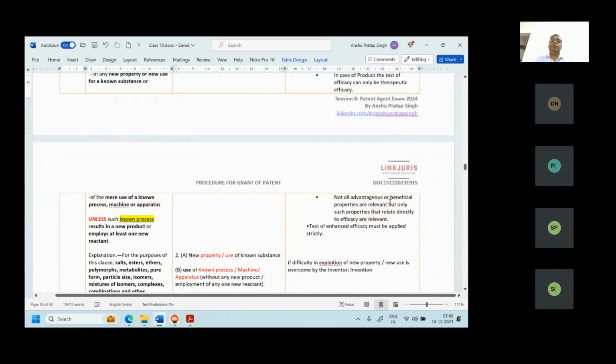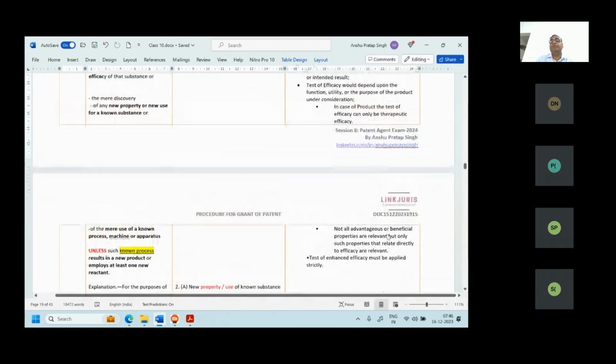Not all advantageous or beneficial properties are relevant, but only such properties that relate directly to the efficacy are relevant. So it is strict, they have gone for that. We will not see that this is not beneficial or that there are other advantageous properties. The only thing you have to show is that the efficacy has improved.